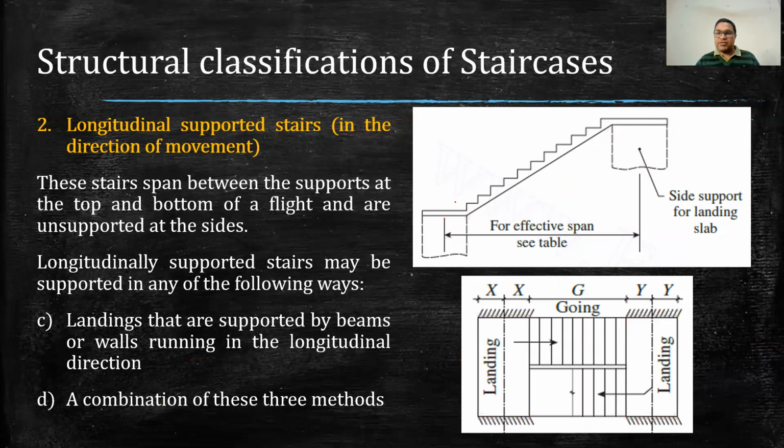Or if we provide one beam here and one beam here, in that case this landing will be cantilevered, so it will bend like this, and in between the supports, it will bend like this. Similarly, if it is cantilevered, then it will bend like this. So there may be many combinations depending on the location of the supports. So that comes into the category of longitudinally supported staircase.